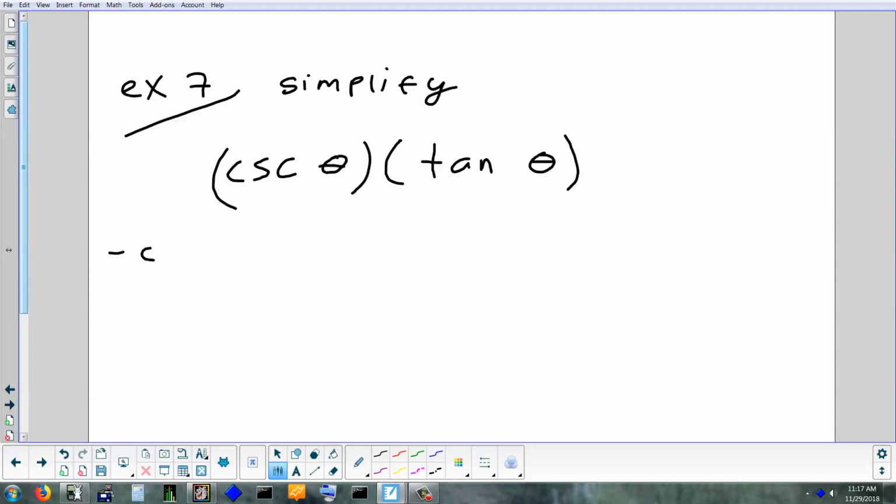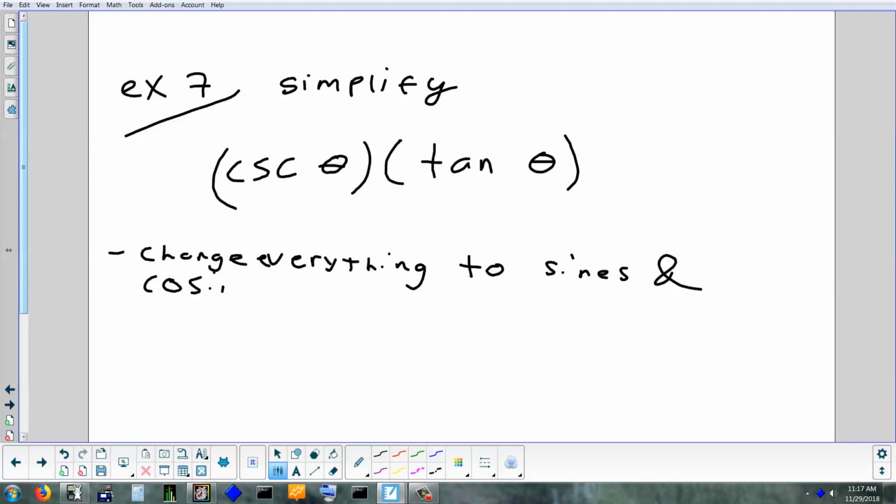So the trick here is change everything to sines and cosines, and we'll see what happens. Now, this is a trick that works a lot of the time. It doesn't work every time.